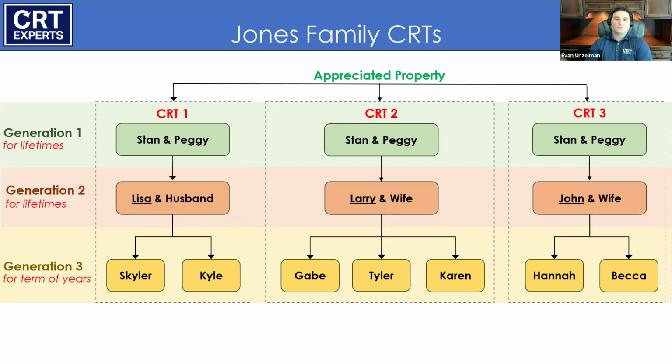But as we'll see later when we look at the specific terms, we're not quite able to get to 20 on any of these. On Lisa's, the daughter who's the oldest child, we're almost getting there. Then with Larry and John, I think we're at 13, 14, 15, somewhere in there, in terms of that successor term. What the software, Easy Charitable, allows us to do is get very specific with maximizing the term for that 3rd generation, down to the day.